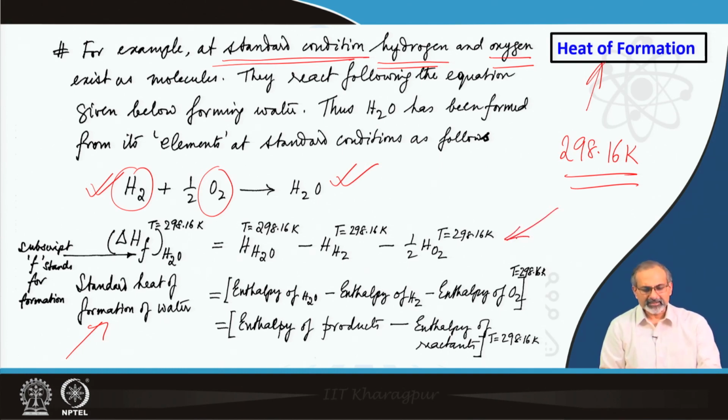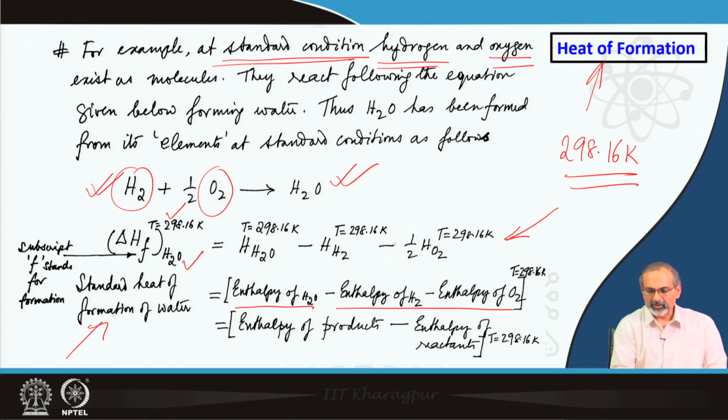So, the delta H f for water at T equal to 298.16 Kelvin will be expressed in terms of enthalpy of products minus enthalpy of reactants at the same temperature, where you have to be careful about using the stoichiometric mole numbers carefully, 1 here, while half here in the case of molecular oxygen.